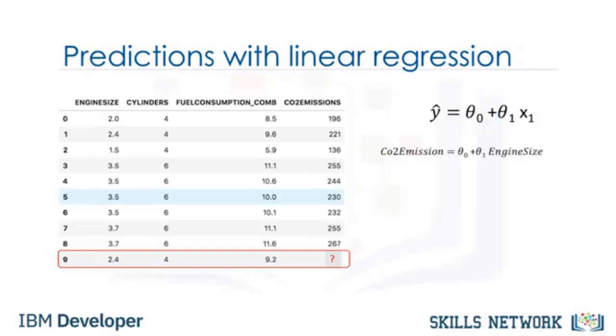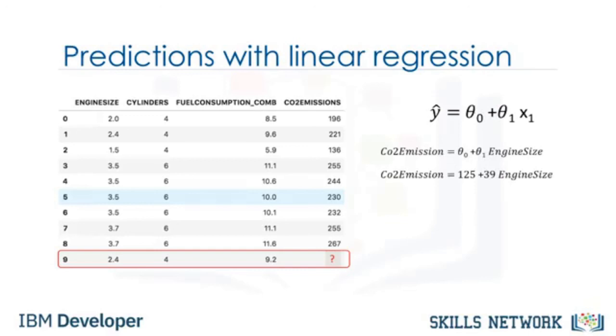As we saw, we can find theta 1 and theta 0 using the equations that we just talked about. Once found, we can plug them into the equation of the linear model. For example, let's use theta 0 equals 125 and theta 1 equals 39. So we can rewrite the linear model as CO2 emission equals 125 plus 39 engine size.